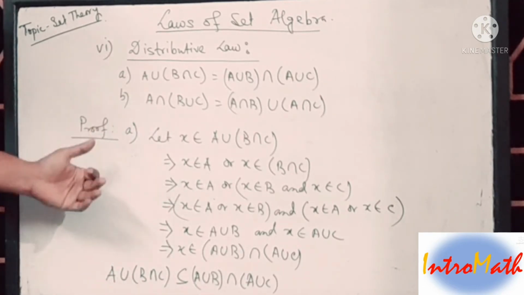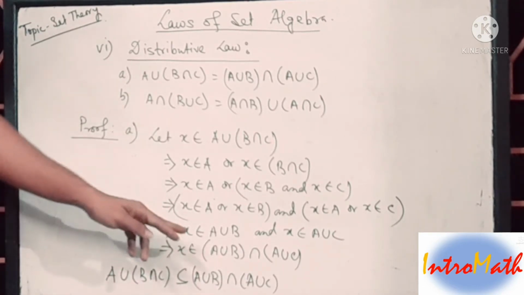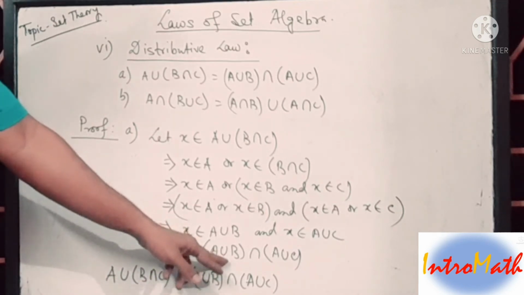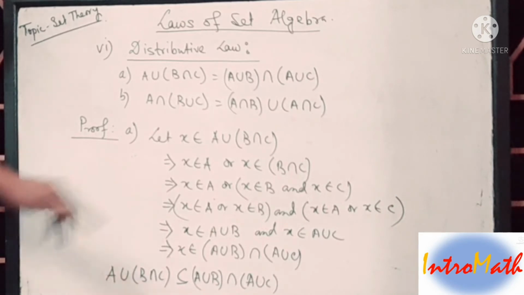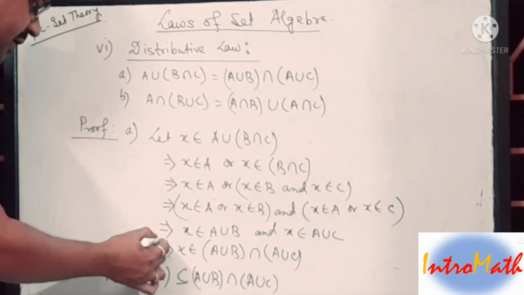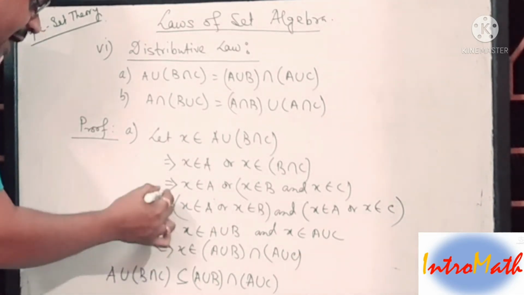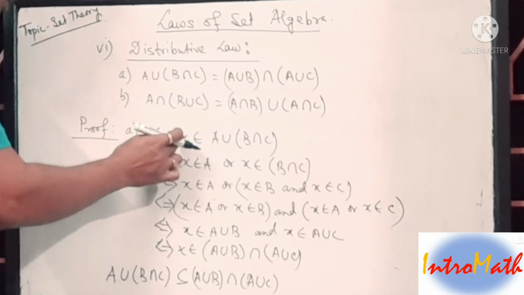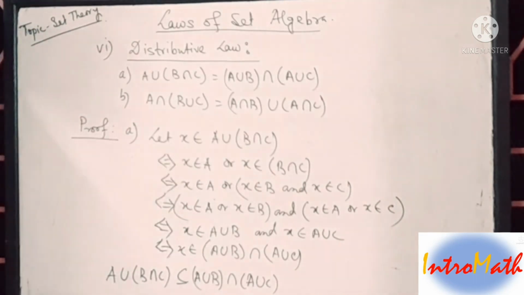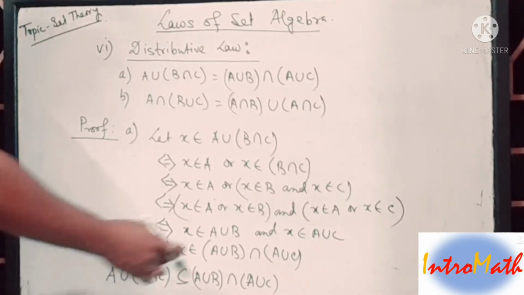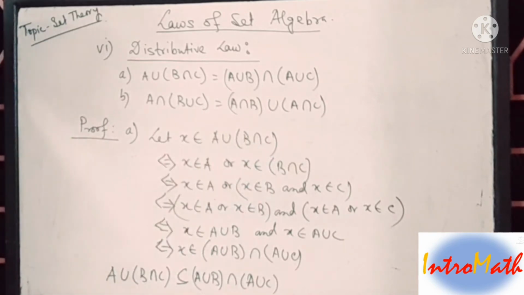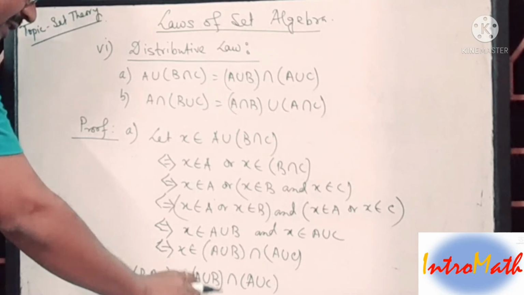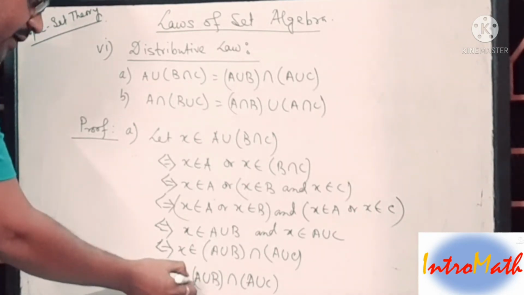Now, if I take an element X from (A union B) intersection (A union C), using the reverse implication, I can easily show that element X will belong to A union (B intersection C). Then this set will be a subset of this one, and with the help of these two, I can easily say that these two sets are equal.